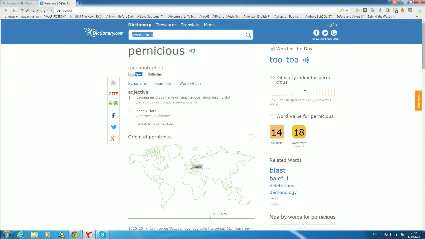Yes, injuries. So pernicious, injurious, hurtful, ruinous. What does ruinous look like to you? It looks like another word, doesn't it? Yes, to ruin. Exactly. Deadly or fatal. So pernicious is quite a strong word. I see. Okay, Magoosh.